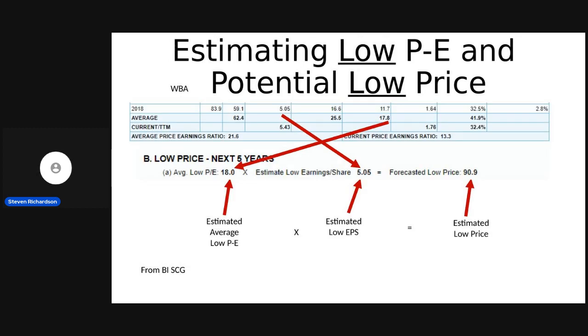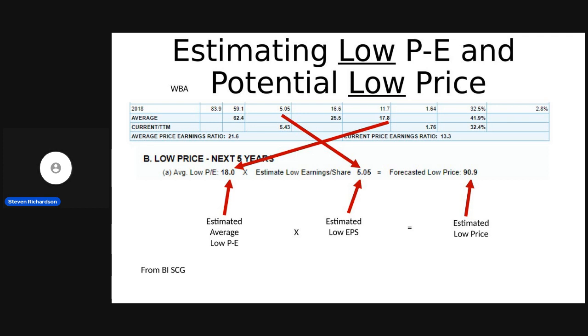All right. Now you estimate the potential low price using a low PE. So here we've got 18. Remember the average low was 17.8. Can it go lower? It's currently at 13.3. And 18 is kind of aggressive too.